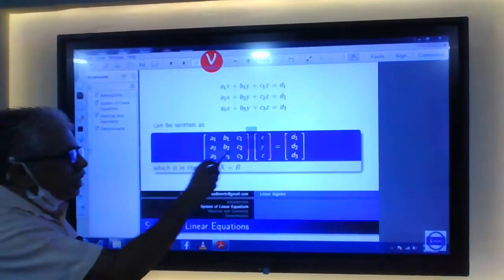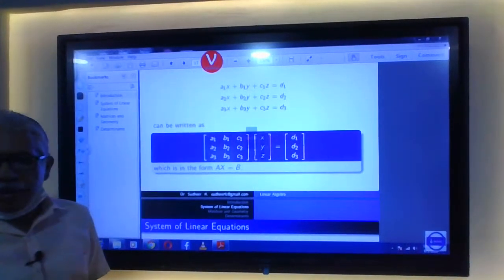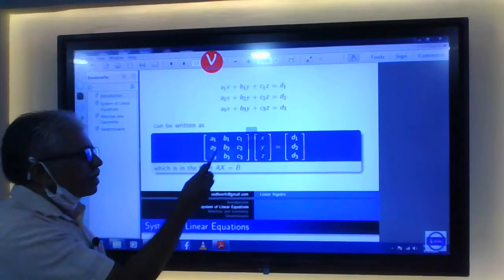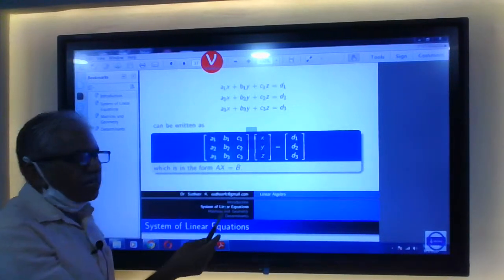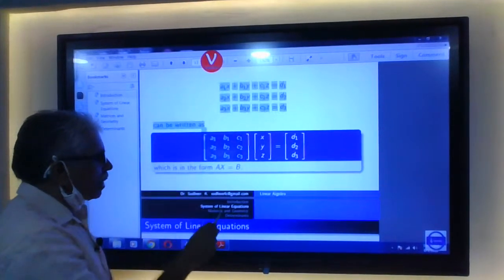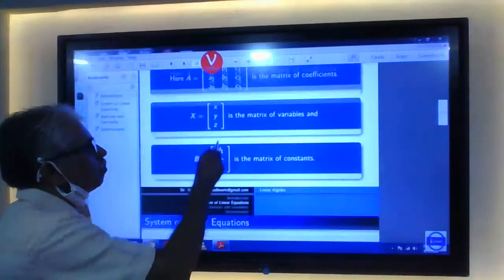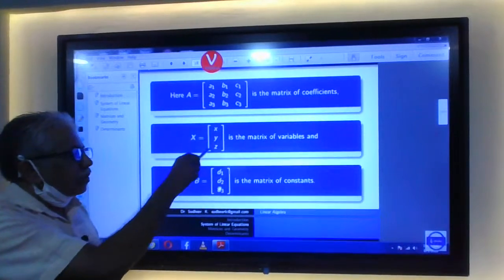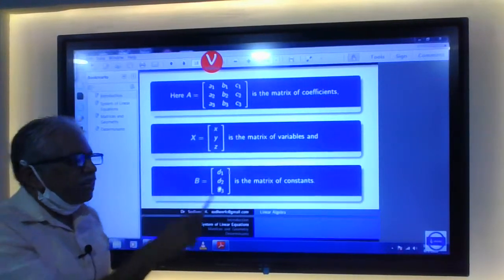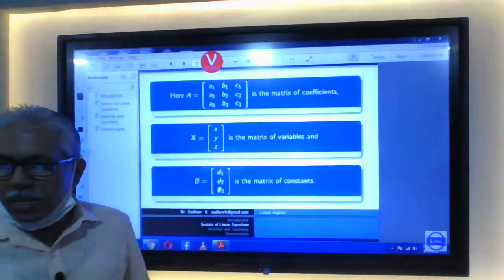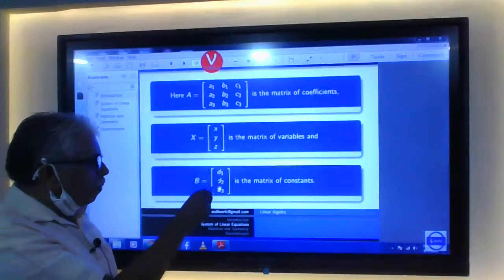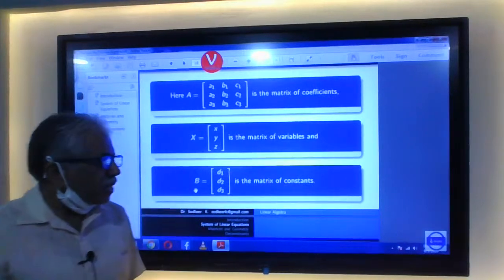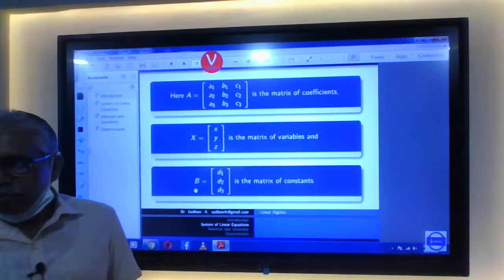So in this matrix equation, AX is equal to B, the matrix with A1, B1, C1, A2, B2, C2, A3, B3, C3 is the coefficient matrix or matrix of coefficients. Capital X equal to the column matrix XYZ is the matrix of variables, and capital B equal to D1, D2, D3, that is a column matrix, is the matrix of constants.